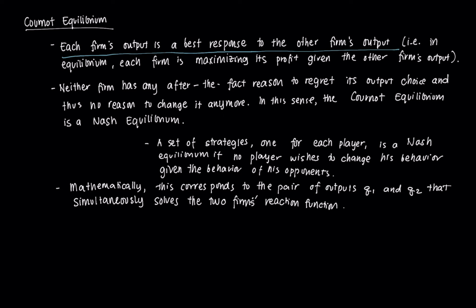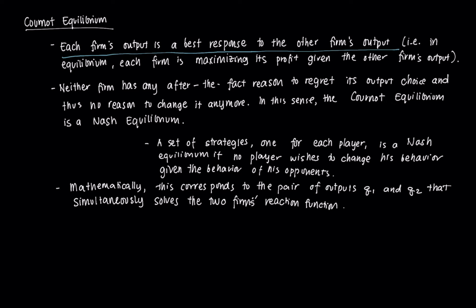It can't control the other firm's output and has no say. Whatever output it chooses will give it the maximum profit given the other firm's output. Neither firm has any after-the-fact reason to regret its output choice, and thus no reason to change it, so it has no incentive to deviate from this equilibrium.